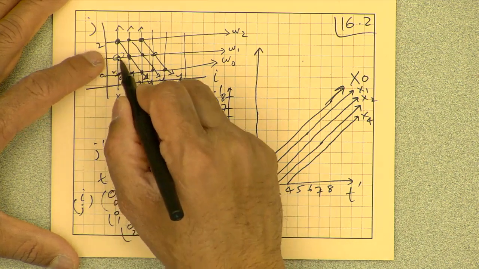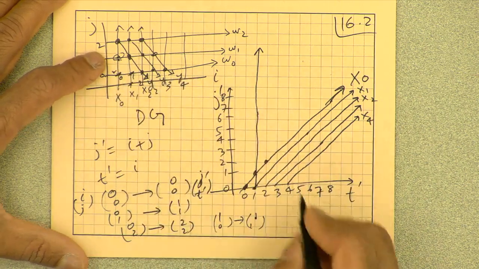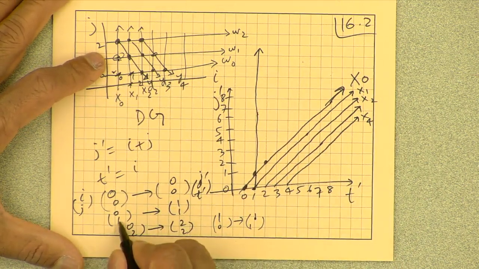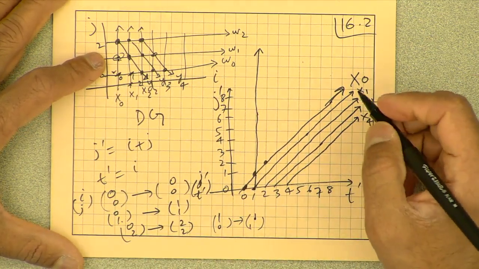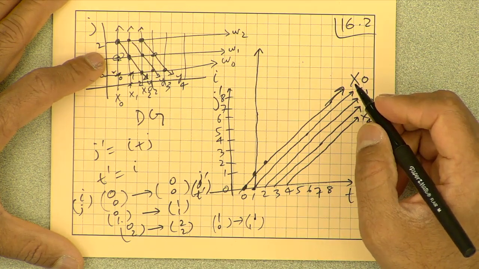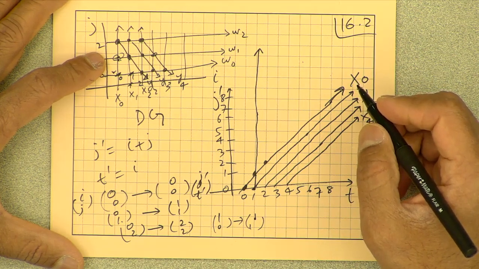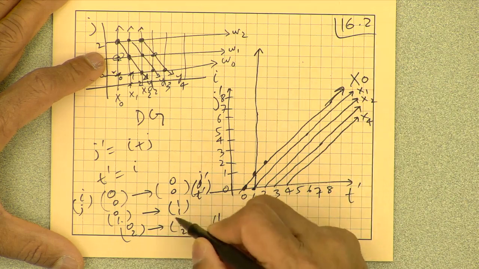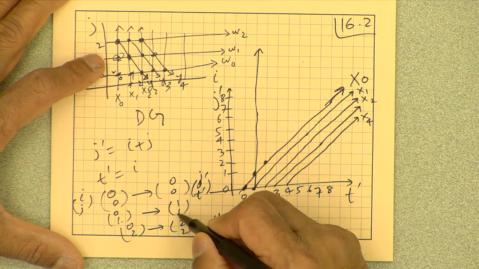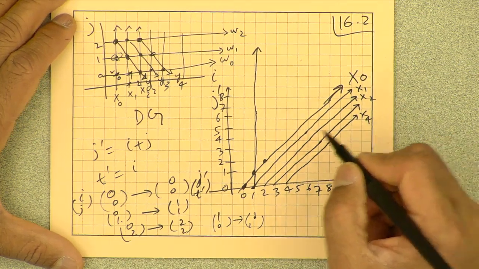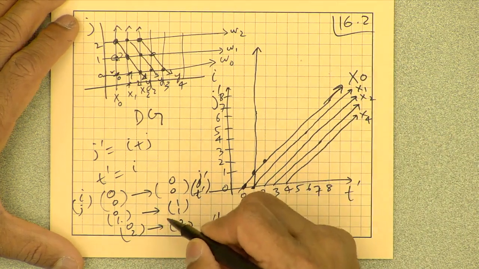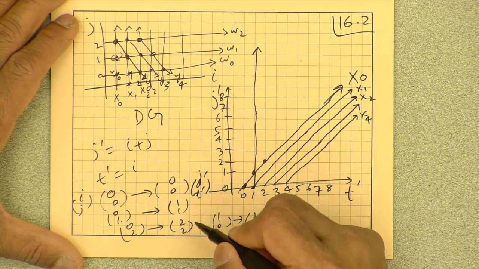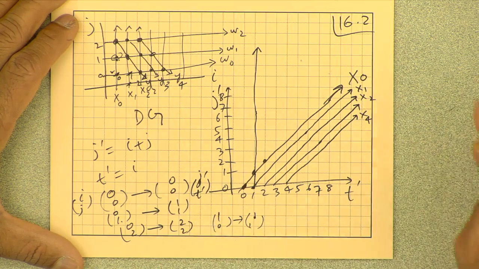Okay, that's fine. So 0, 1 is 1, 1. Something does not seem right. I made a big mistake. Your job is to tell me what mistakes we are making.